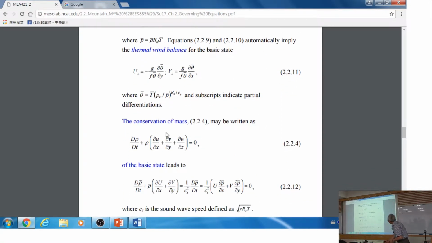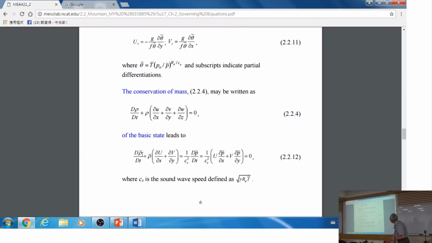This is conservation of mass. So you have partial rho prime partial t plus rho bar times partial u partial x plus partial v partial y plus partial w partial z, and the basic state. Follow this. And C sub S is the sound wave speed.